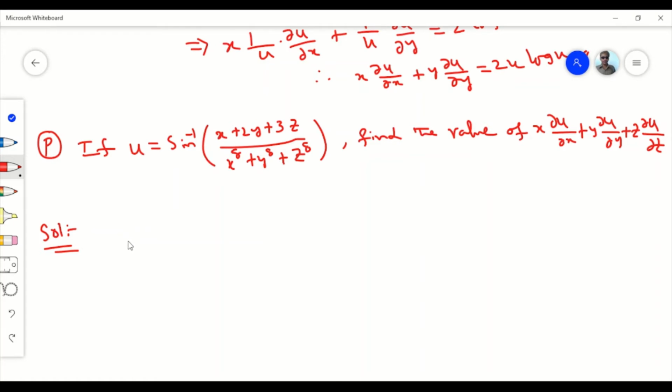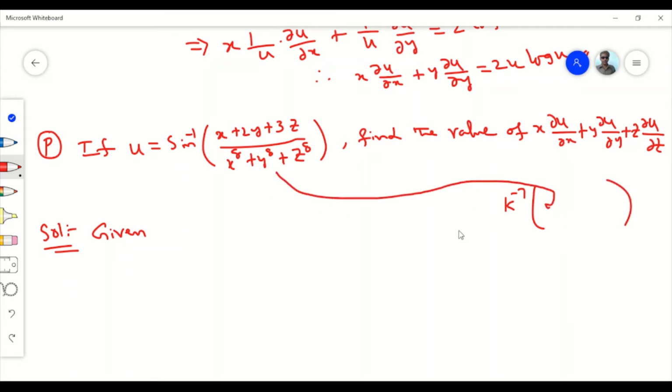So we use Euler's theorem here. What is given? You can easily notice that if you replace x, y, z by kx, ky, kz inside the sin inverse, you will get k power minus 7 into the same thing.